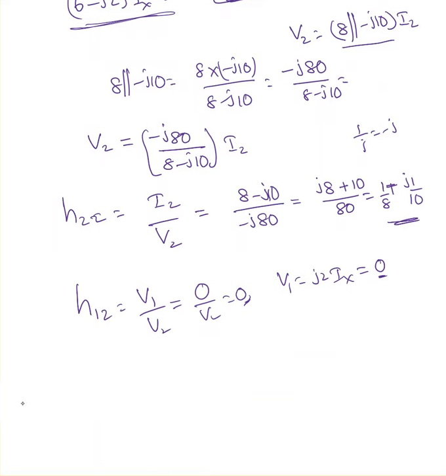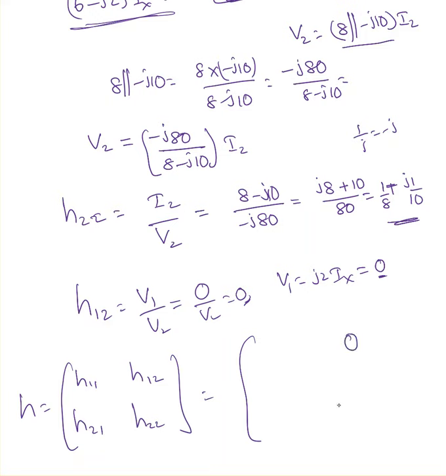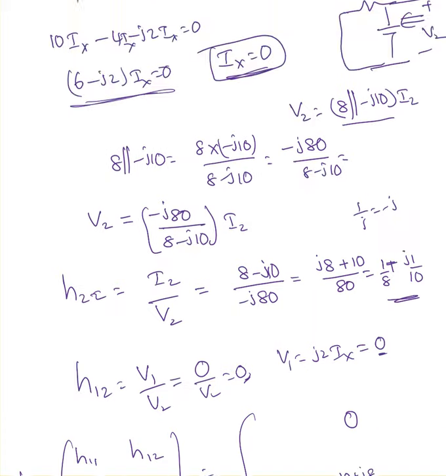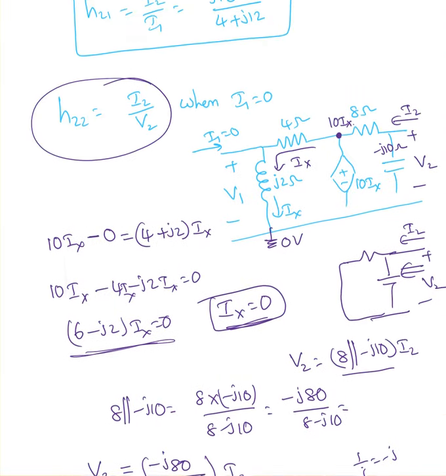So my H parameters: H equal to H11, H12, H21, H22. I have H12 as 0 and H22 as 10 plus j8 over 80. I'm going to leave it as it is; you can simplify it if you want to.